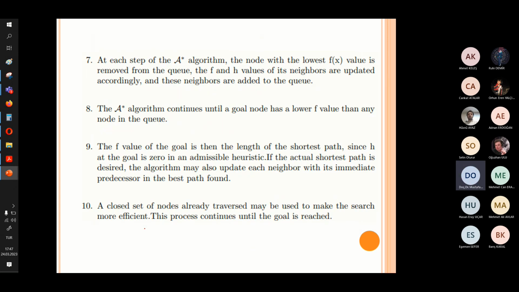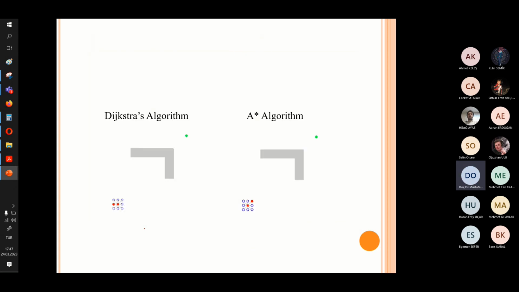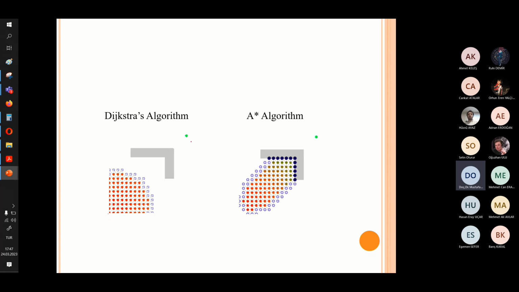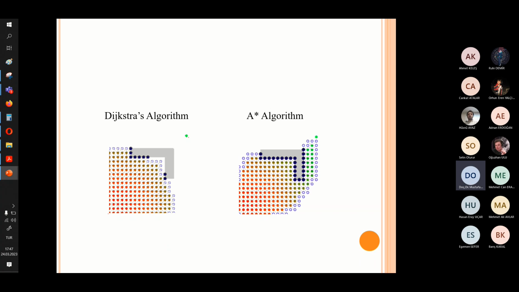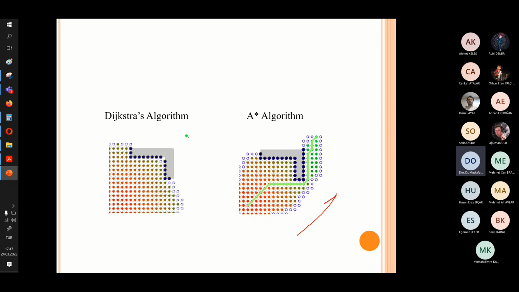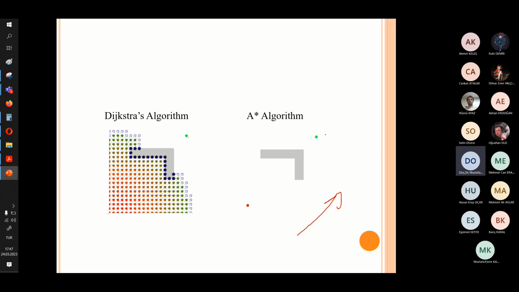Anything else? Okay, it is a greedy algorithm, and there is an animation in here. From a starting point to the target point, Dijkstra's algorithm is trying to solve every single possible case, and the A star algorithm is going by using the direction because it has heuristic information.